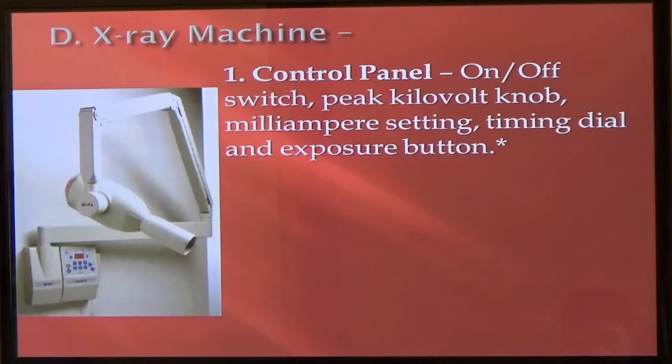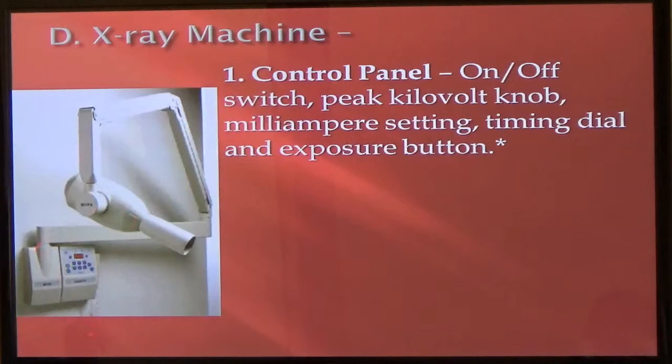This you have to know, how to identify this, not only for our test, but I think it's on the Danby test as well, the X-ray test. You have to identify parts on the X-ray machine. So you have a control panel.